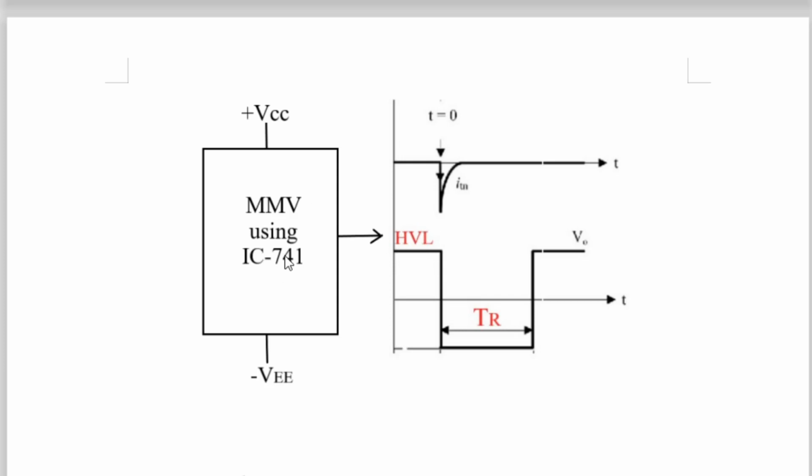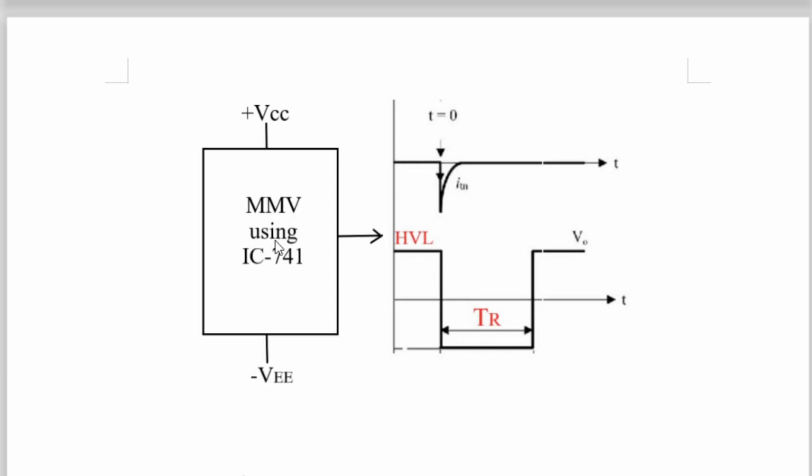But in a monostable multivibrator, when you apply the trigger, which in case of IC741 is a negative pulse, at the instant you apply the trigger, the output changes its state from HVL and goes to LVL.